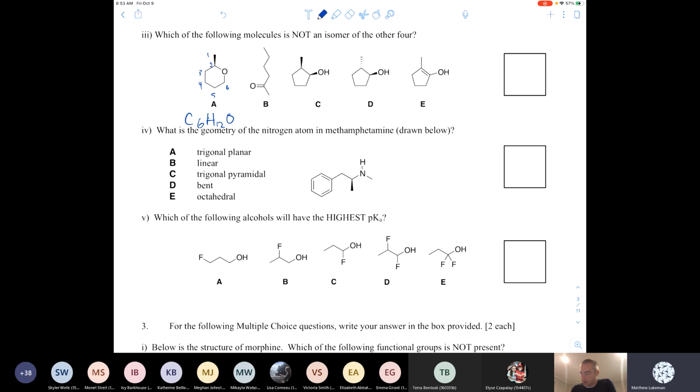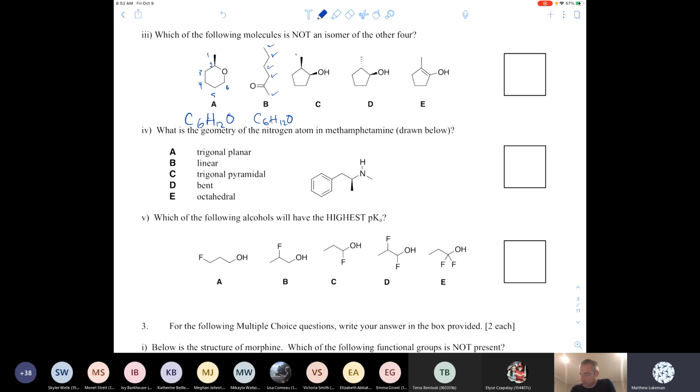For compound B, there's again 6 carbons. Hydrogens, you have starting at the top, there's 3, 5, 7, 9, 12. So A and B look very different structurally, but they are isomers of each other.